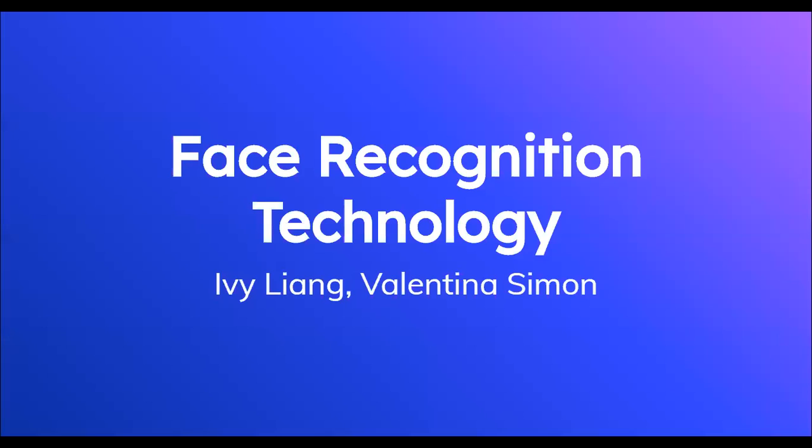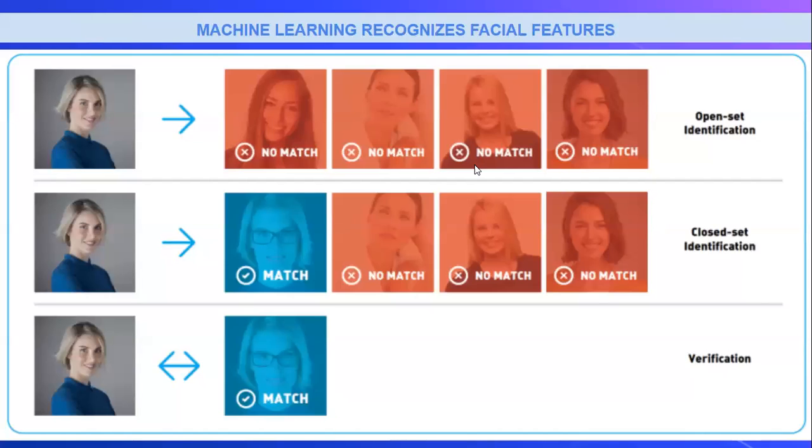Today we'll be talking about the applications of linear algebra in facial recognition technology. Facial recognition is generally categorized into two different types of identification, one being open set and one being closed set.